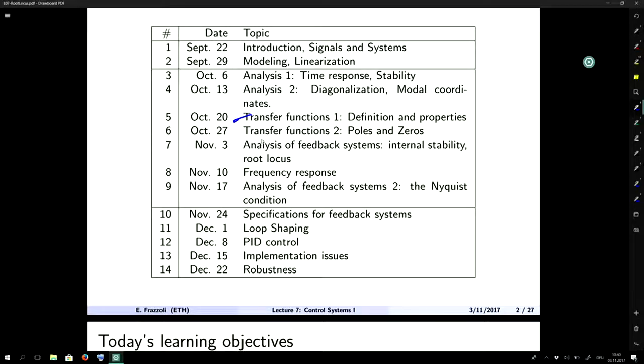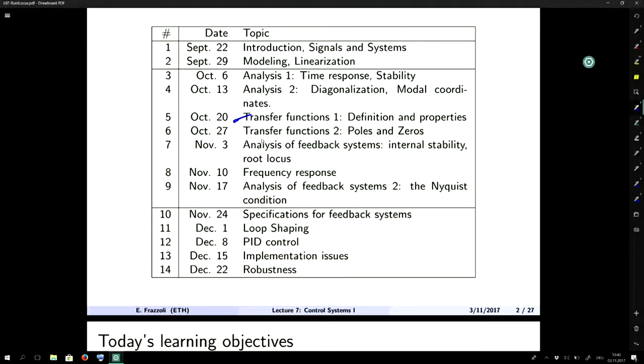Given these equations, we know what we can expect and how the system will behave. If the poles, the eigenvalues of the A matrix or the roots at the denominator of the transfer function, have negative real part, the system will be stable. If they're complex conjugate, the real part will be how quickly they decay and the imaginary part will be how fast they oscillate, and so on and so forth.